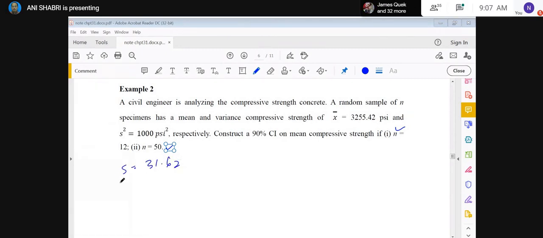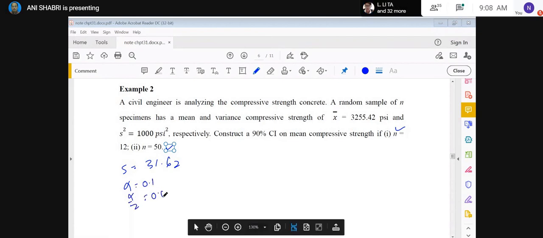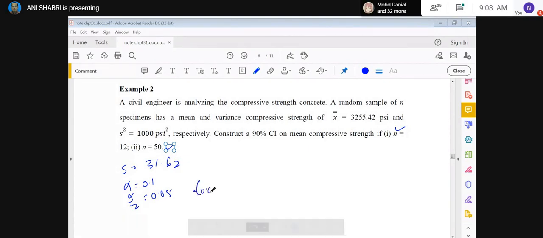Okay, from here, using the t distribution. Alpha 0.1. Alpha divided by 2 is 0.05. t 0.05, V is 11, it is equal to 1.796.